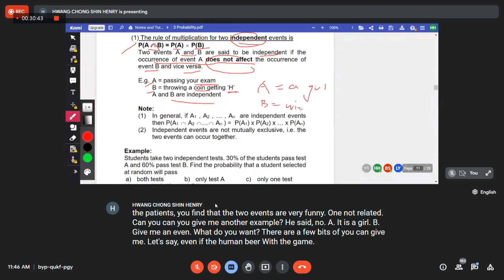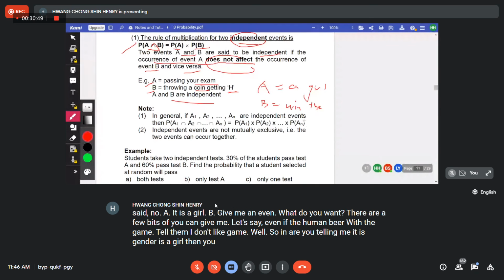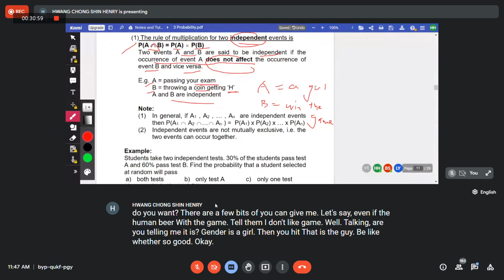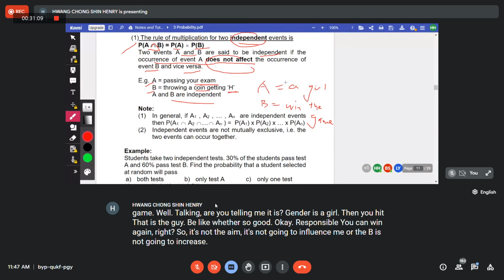Doesn't matter what game. So are you telling me if the gender is a girl, then you will win the game? That means the guys will lose out. It's not logical, right? Whether it's a girl or a guy, as long as you practice, you can win the game. So A is not going to influence B, or B is not going to influence A. They are not related.